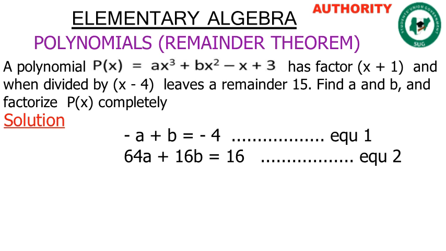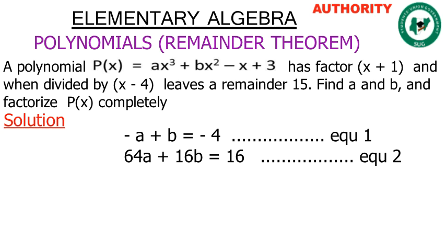Alright, now let's go. We have our equation 1, minus a plus b is equal to minus 4, and our equation 2, 64a plus 16b is equal to 16. Alright, now we can do something to this our second equation. Please, let's reduce it to the lowest term. So in reducing this, we're going to divide everything by 16.